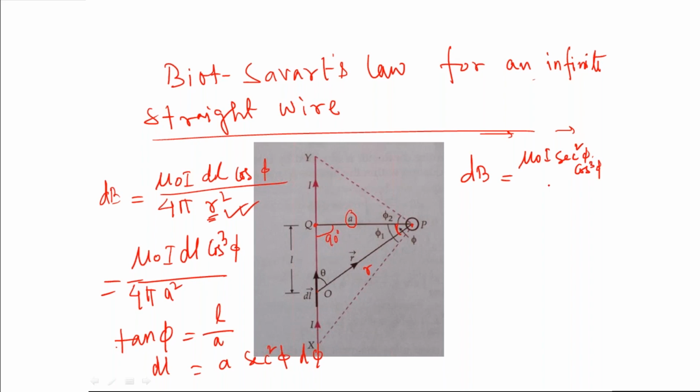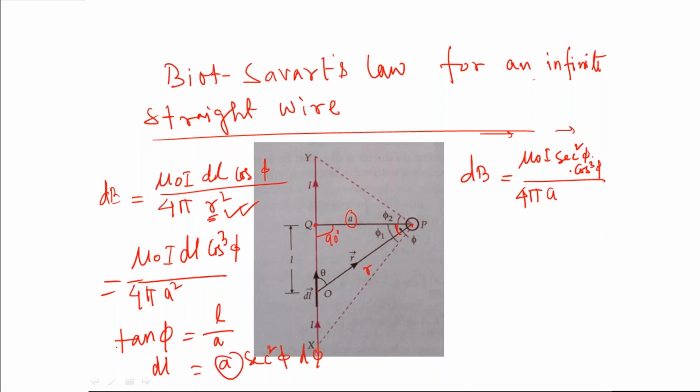And another a will be here in the numerator, because from dl you will get one a. So if I multiply a in the numerator, one a will go out.